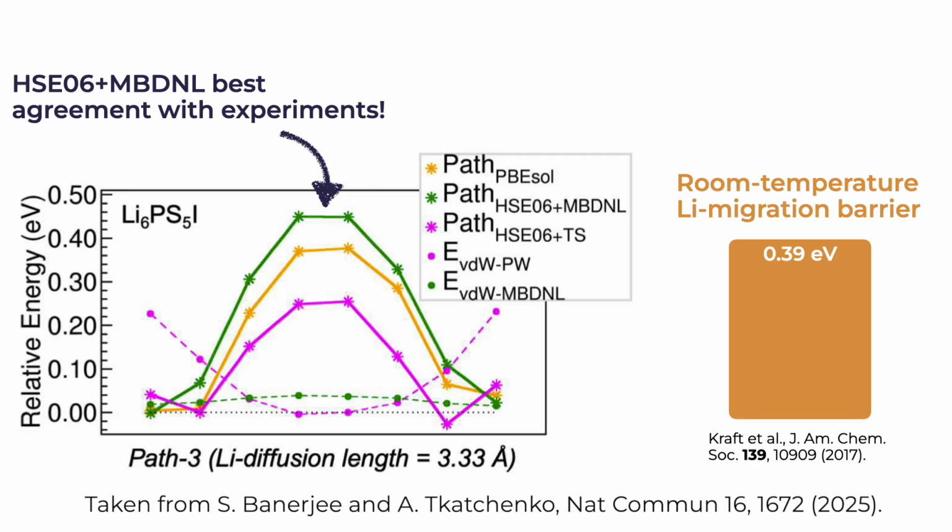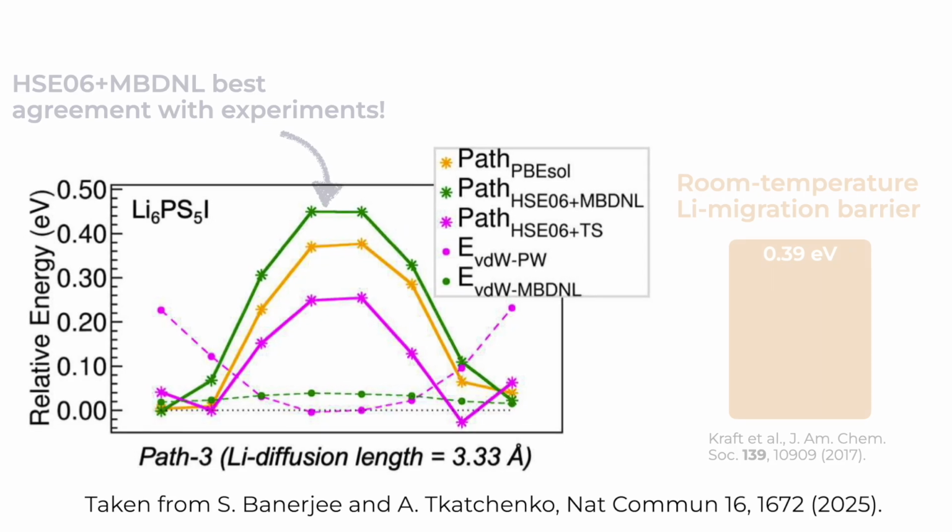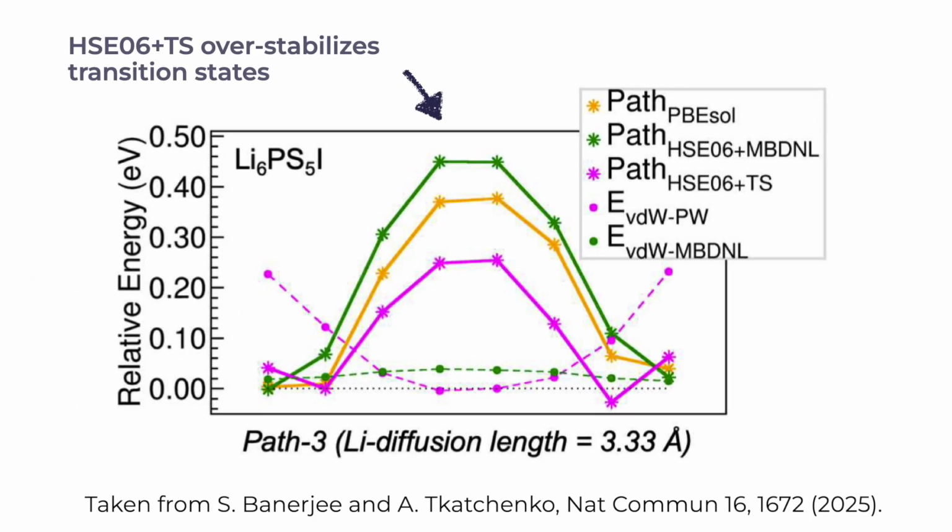The question is, why? The answer here lies in how this method captures the subtle electronic effects during the lithium migration. As the lithium ion moves through the crystal structure, it creates a complex electronic disturbance within its surroundings, something simpler methods might miss.